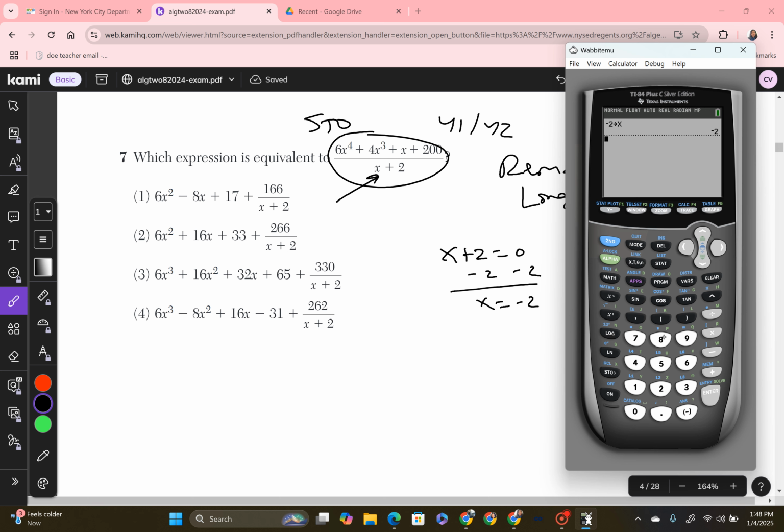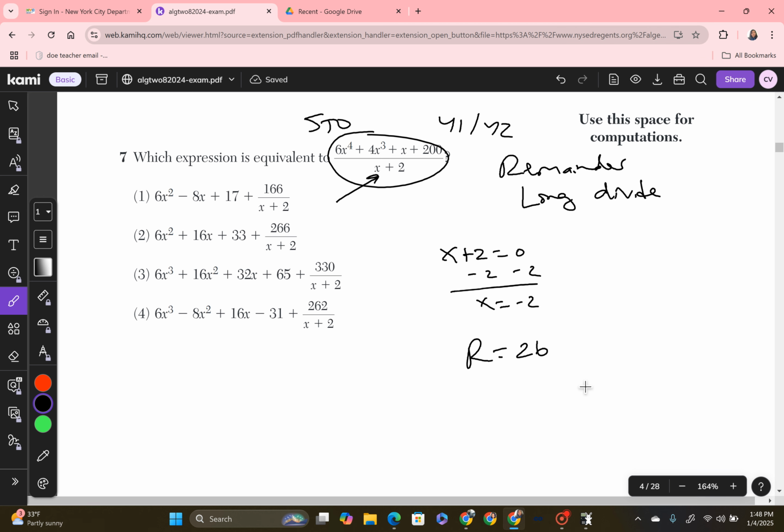Then you're going to plug in just the top: 6x to the 4th power, go to the right, plus 4x to the 3rd power, again go to the right, plus x, plus 200. Whatever answer you get when you hit enter is your remainder. So the remainder is 262.